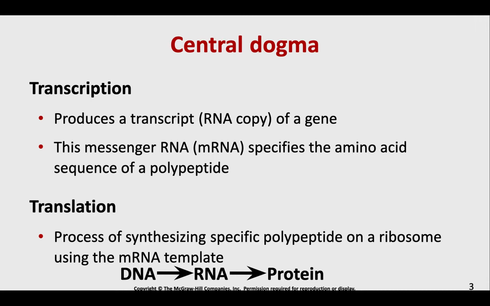This messenger RNA is then going to go through translation, where we're taking the nucleotide sequence in mRNA and translating it into amino acids and ultimately a polypeptide and a protein. So we're going from DNA to RNA to protein. That is our central dogma.